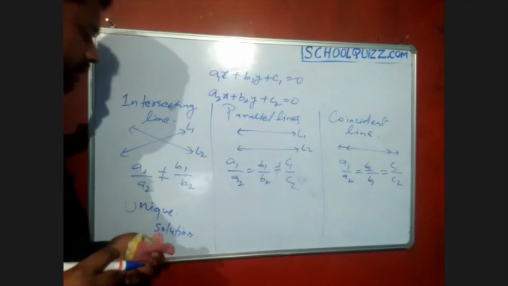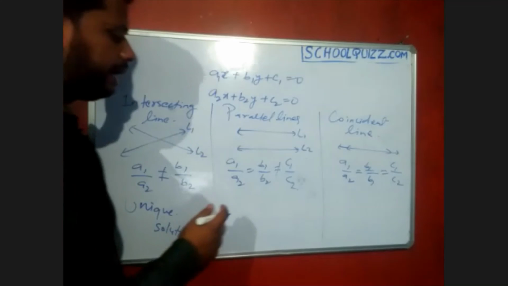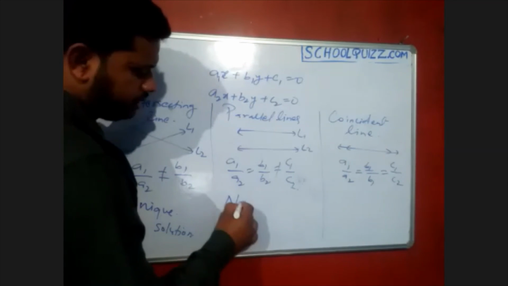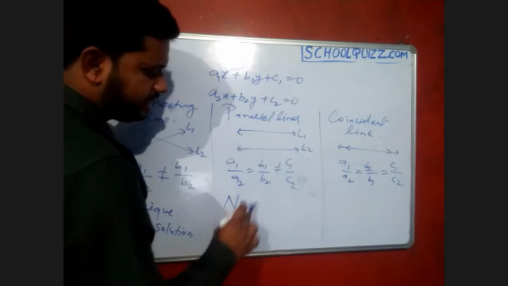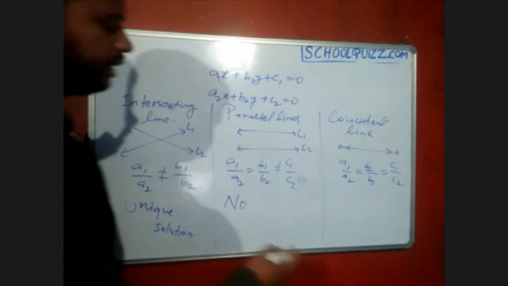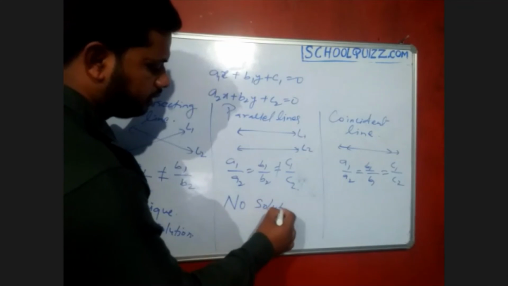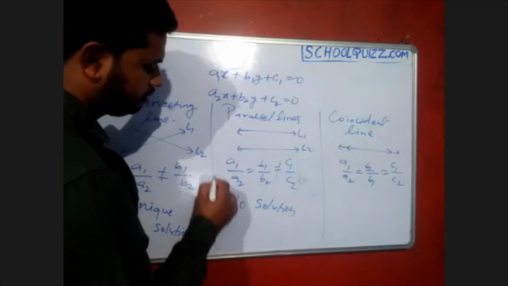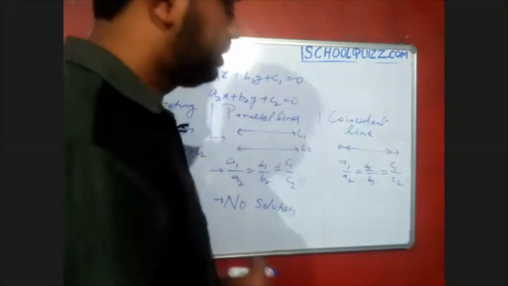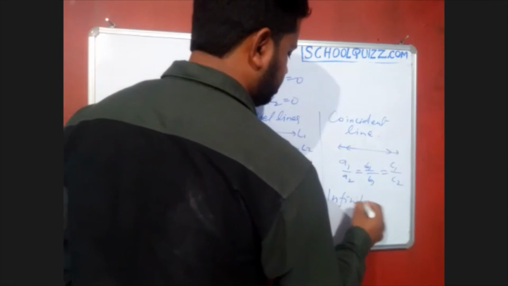Parallel lines have no solution, because they do not intersect at any point, so how can we find a solution? That is called a no solution line. The last one is the coincident line, which has infinitely many solutions, because all the points of the lines touch each other.